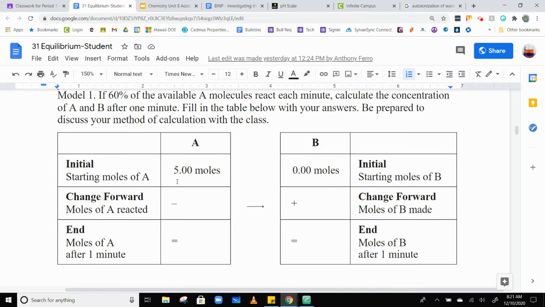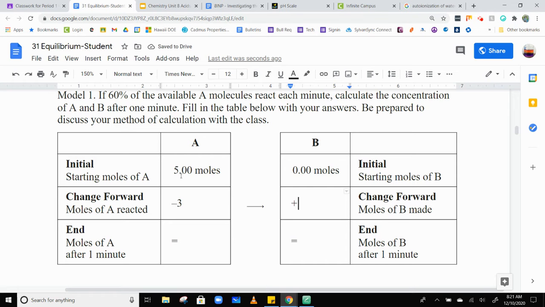So that means that 60% of this 5 moles becomes B. So 60% of 5, you do 0.6 times 5, because 60 divided by 100 is 0.6. So 0.6 times 5, and you should get 3.